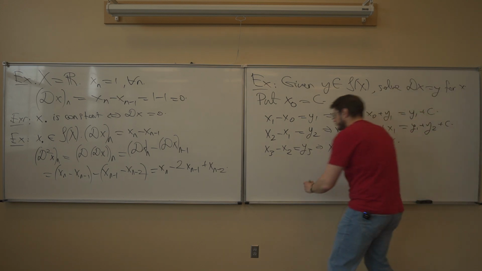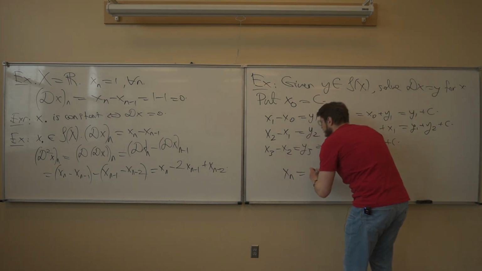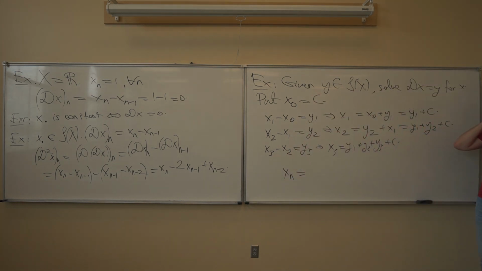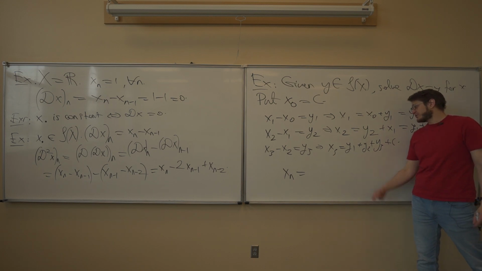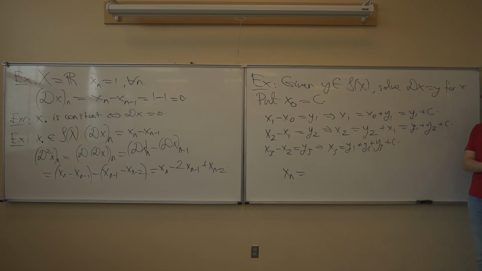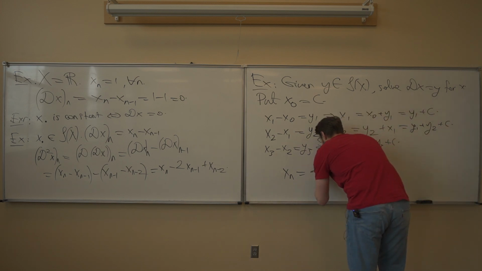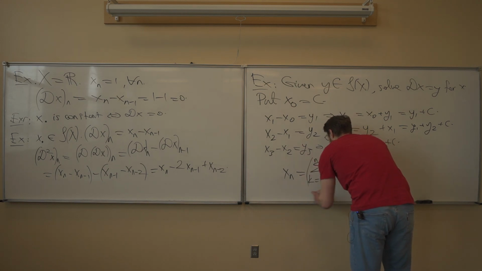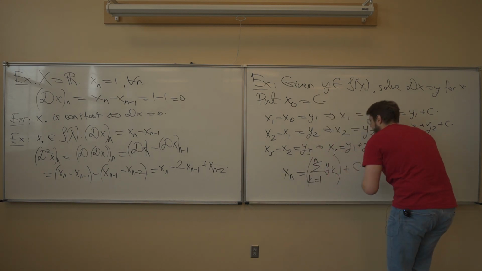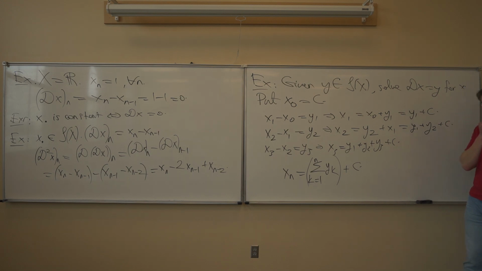And in general, of course, what is the general formula? How can I write x sub n in terms of values coming from y? What is the pattern here? You add up all the previous values of y.